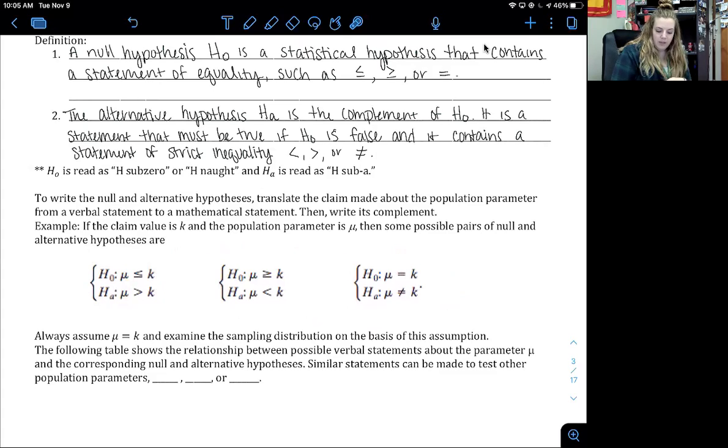So the following table shows the relationship between possible verbal statements and the parameter mu and the corresponding null and alternative hypotheses. Similar statements can be made to test other population parameters, and the other ones that we can see are p, standard deviation sigma, or our population variance sigma squared. Now, the last two we're not going to look at. We're only going to worry about that population parameter p.